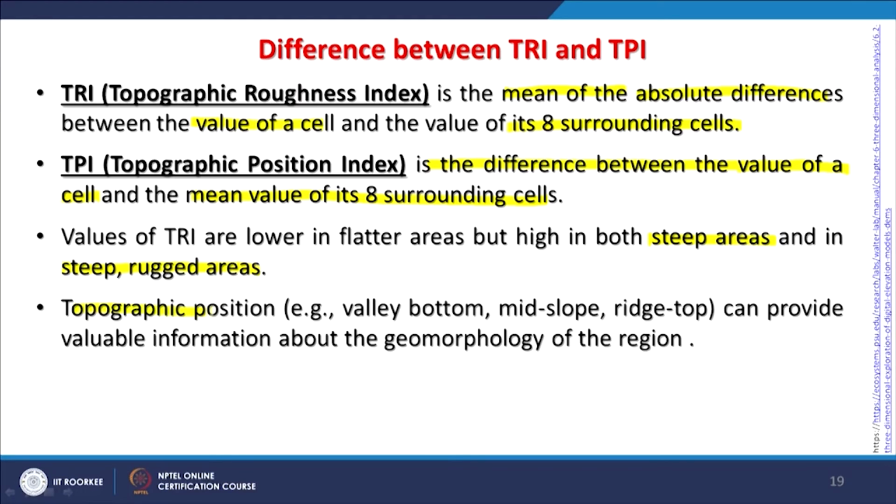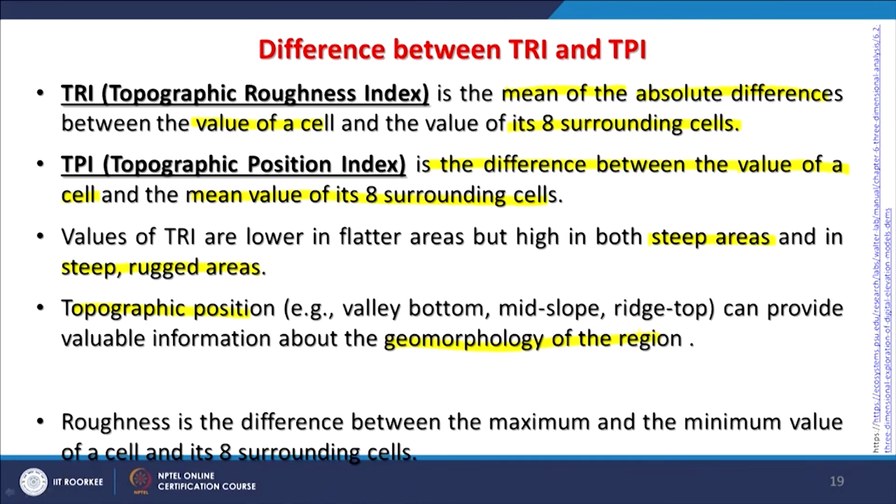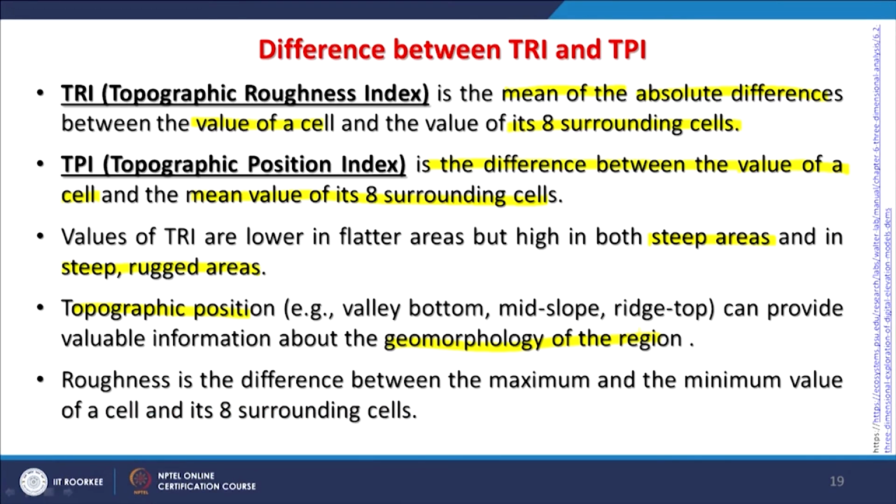Now, this topographic position index can also provide some valuable information about the geomorphology of the region which we have just discussed. And this roughness, that is the topographic roughness index TRI, is basically the difference between the maximum and minimum value of the cell and its surrounding cells.